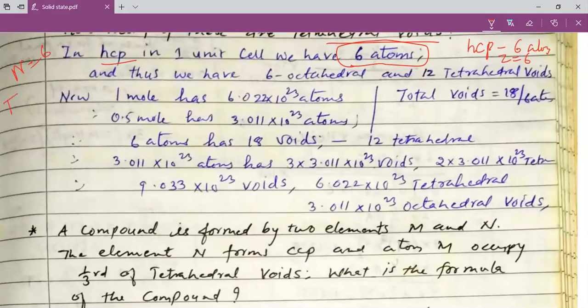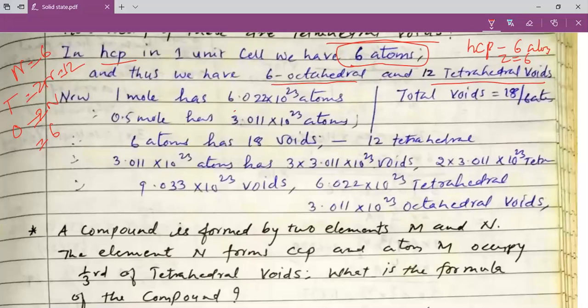So your tetrahedral voids will be 2n, that is 12, and your octahedral voids would be equal to n, that is 6. So in each hexagonal close packed cell, we can say that we have 12 tetrahedral voids and 6 octahedral voids.